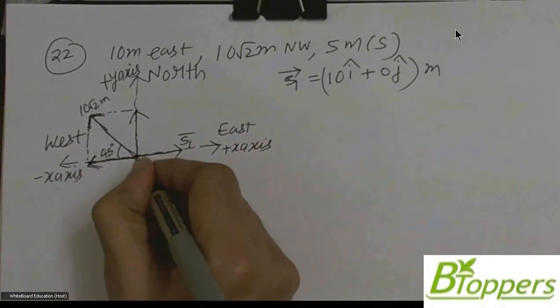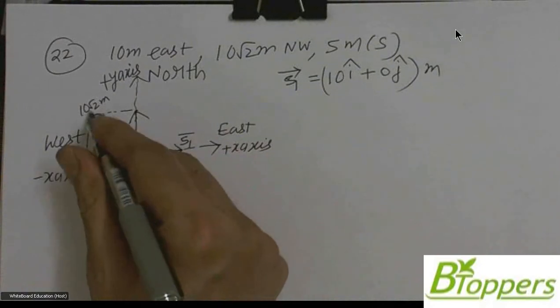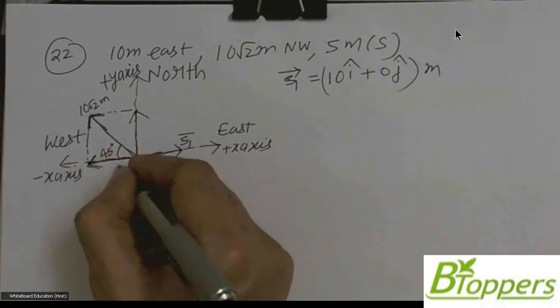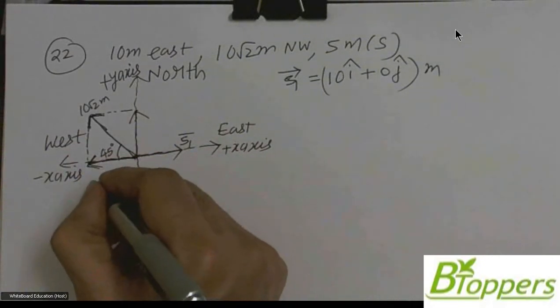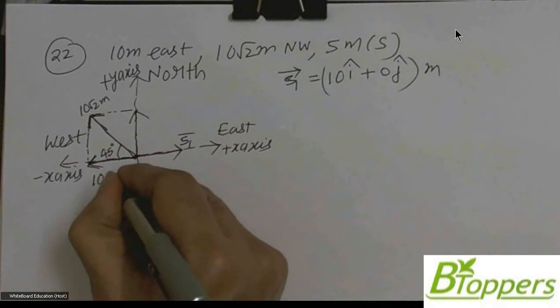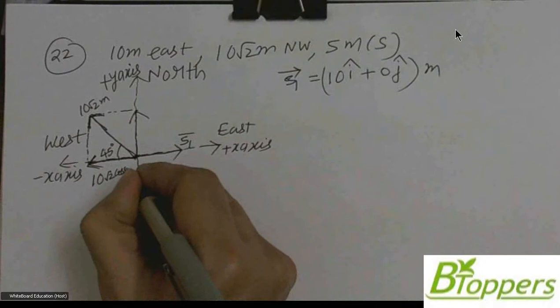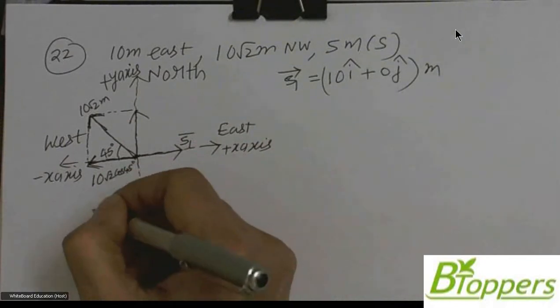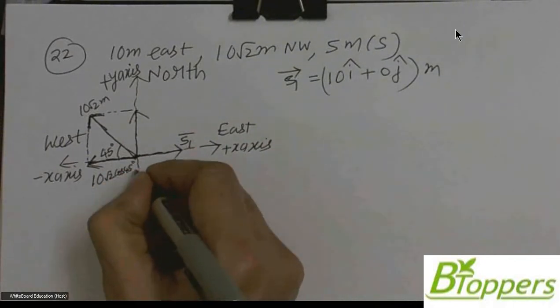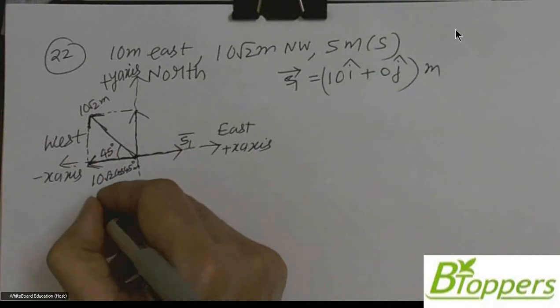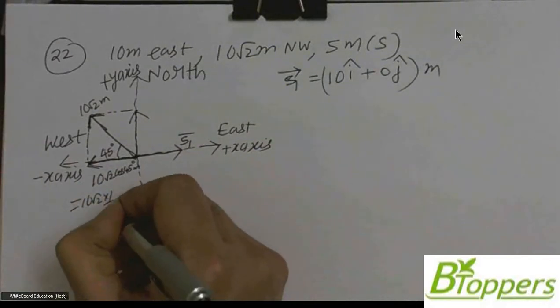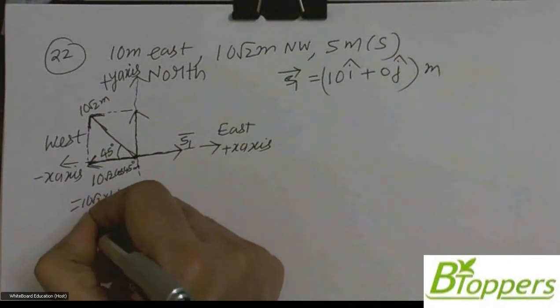The component directed towards west will have a magnitude 10 root 2 meter cos 45 degrees, which is equal to 10 root 2 into 1 by root 2, or 10 meter.